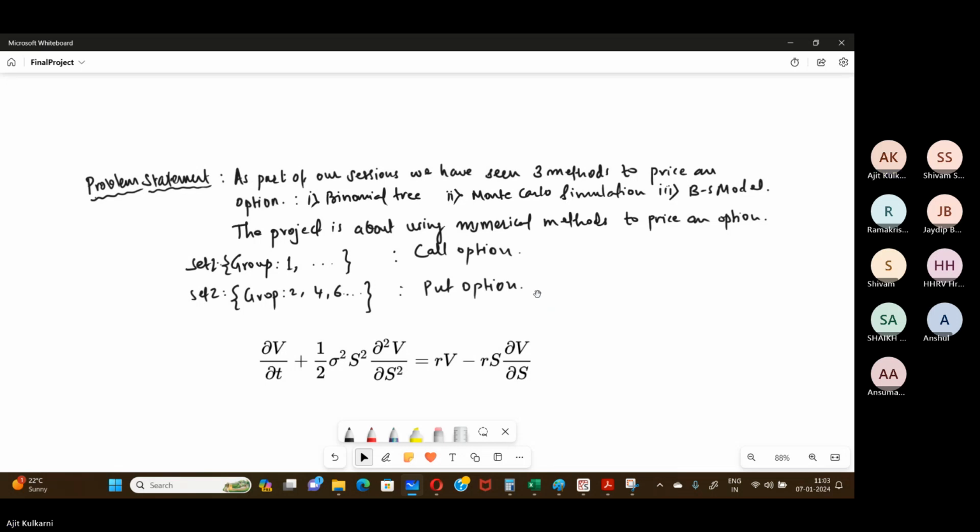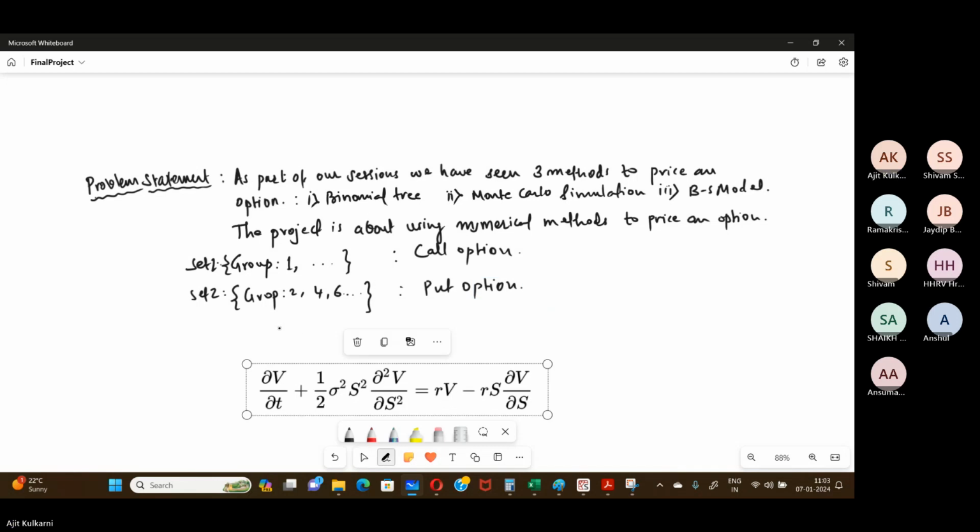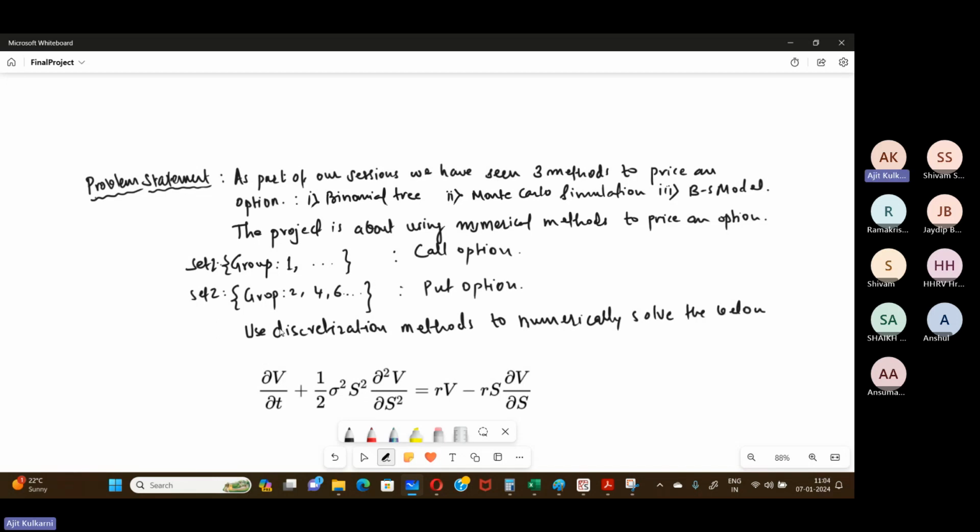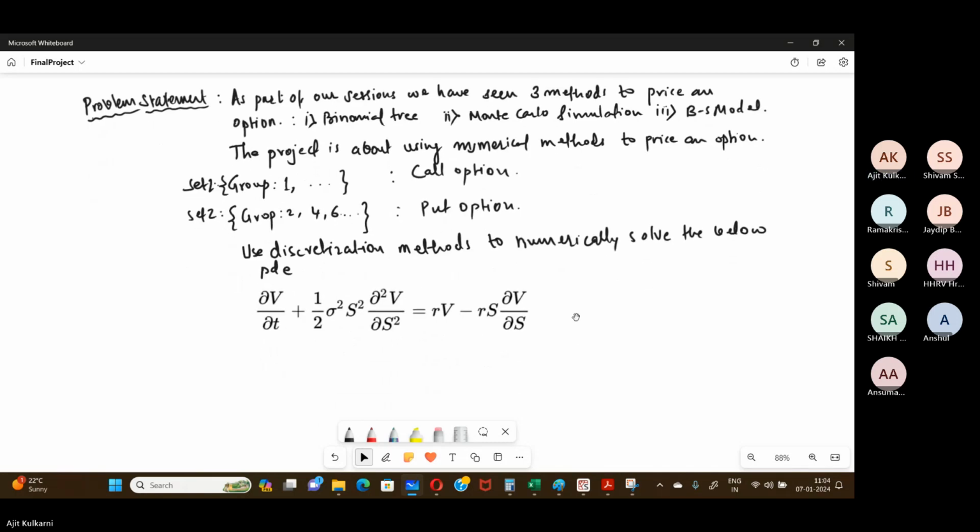What you have to do is use discretization methods to numerically solve the below PDE to get the price of an option.